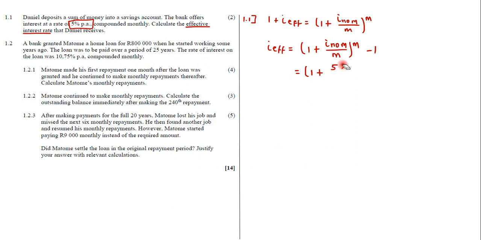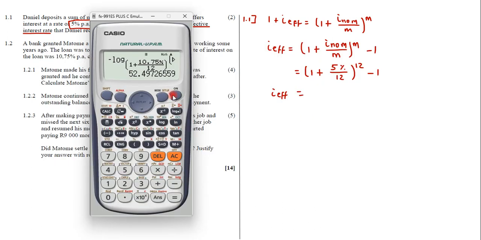Also notice that when I'm substituting my interest, I'm using the percentage here. Now with m here, if you remember, it was said it is compounded monthly, which means m is going to be 12, minus 1. So we're going to press this into a calculator and see what the calculator gives us.